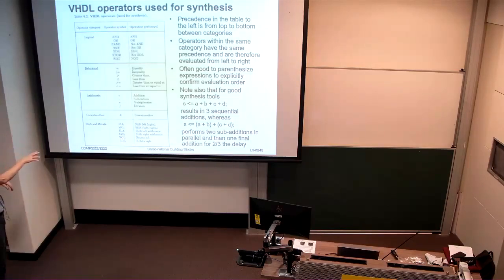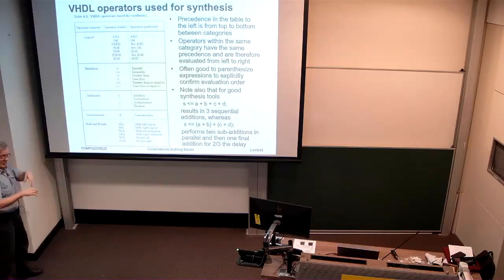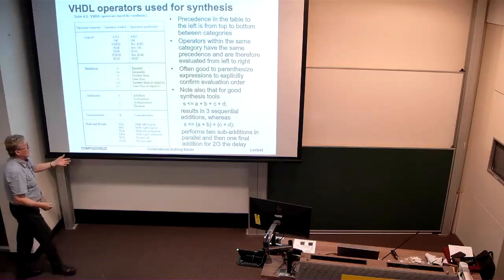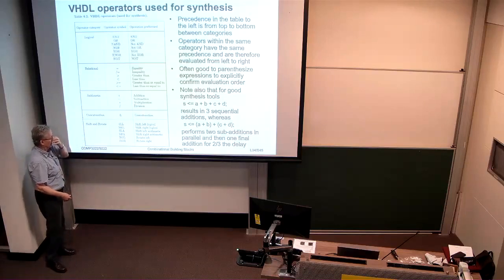In this table, the precedence goes in bands of groups of operators from the top down to the bottom in terms of order. So the logical operators are the highest precedence: and, or, nand, nor, xor, xnor, and not. Within those though, they all have the same order of precedence, so you need to use parentheses to indicate what order you want things evaluated in, okay?